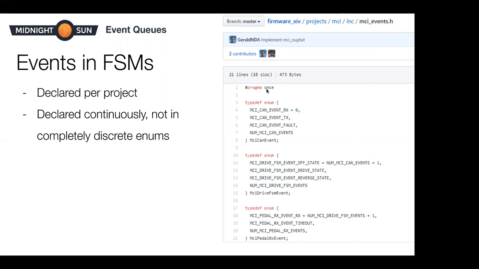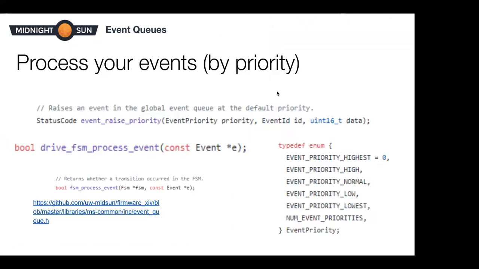I'll talk about how to use it in FSMs a bit. FSMs expose this FSM process event function. Usually you call this from a module level process event function like drive FSM process event. That way you can use multiple FSMs in your project without conflicting through this FSM variable.